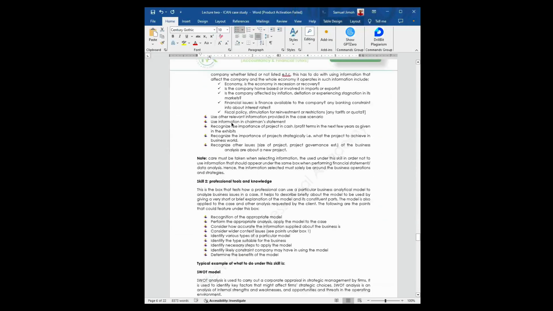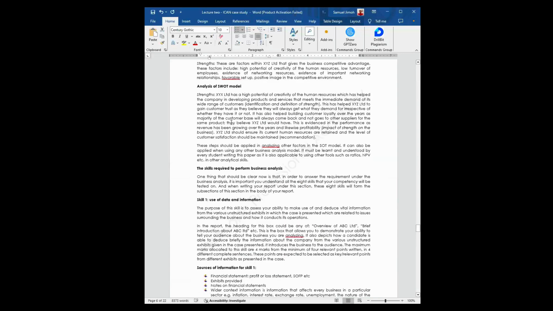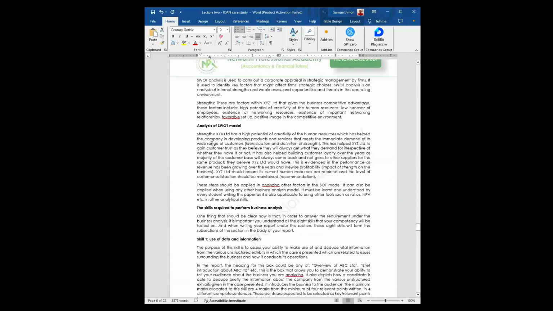The identification will be that X and Y Limited has a high potential for creativity of human resources. That is the identification of that issue. You have identified the issue.